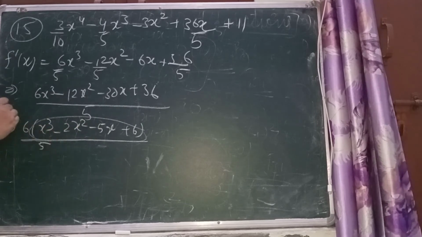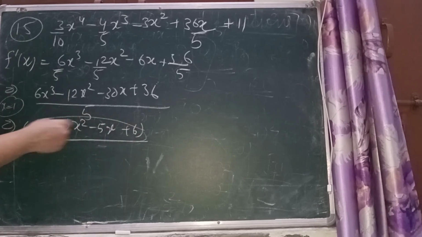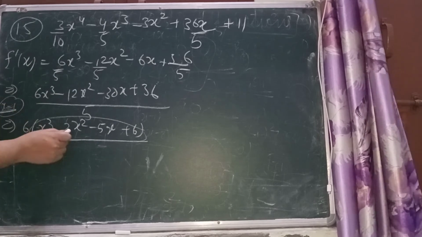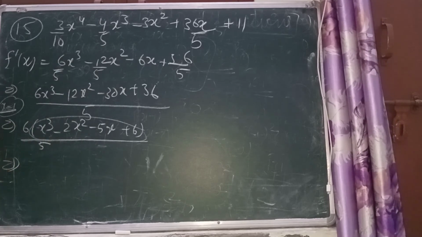If I keep x equal to 1 here, it will be 1 - 2 - 5 + 6, that is 0. So x = 1 is a root, that means x - 1 is a factor of this given cubic equation. So we can divide and get our factorization.